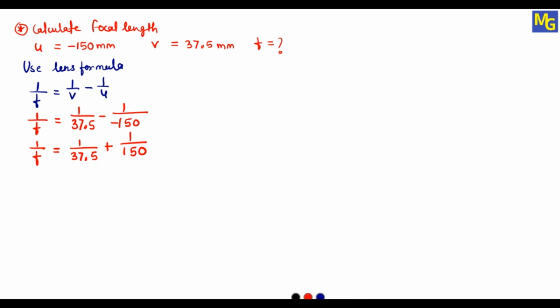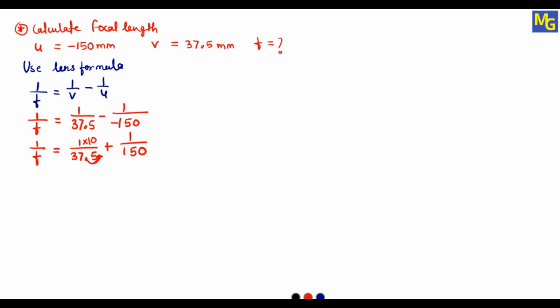Now how to remove the decimal? Shift the decimal to the right side by 1 digit. Then in the numerator there will be a multiplication by 10. If you shift it by 2 digits, then the multiplication will be with 100.